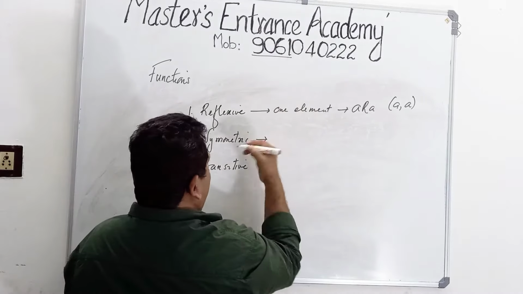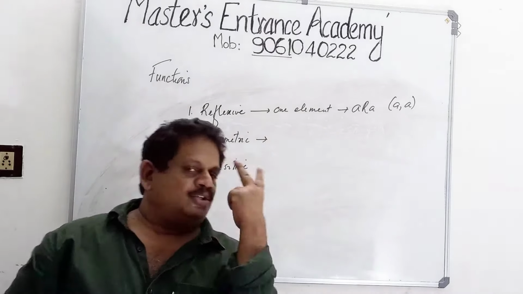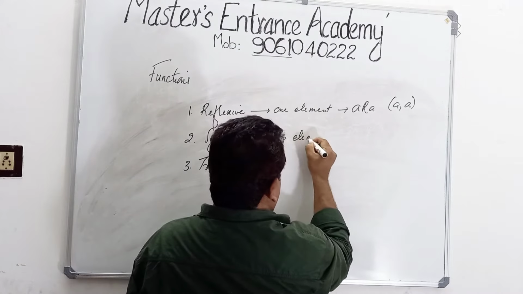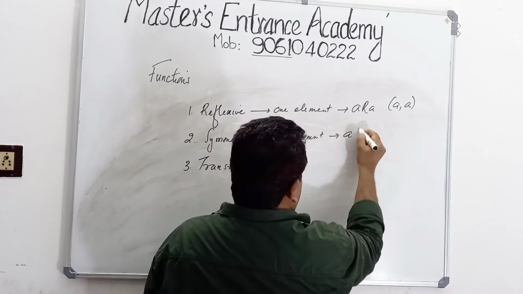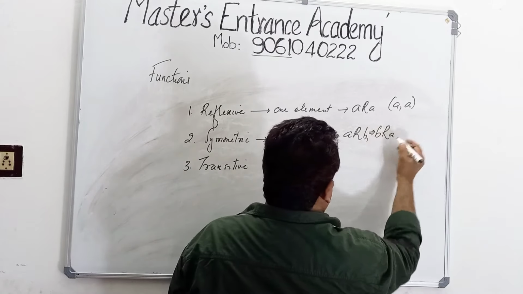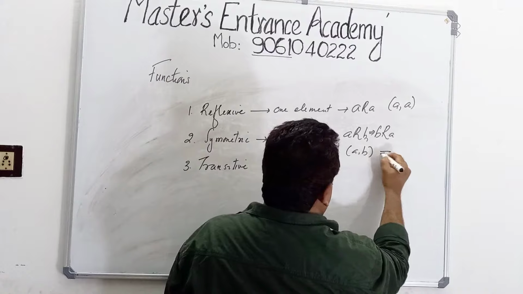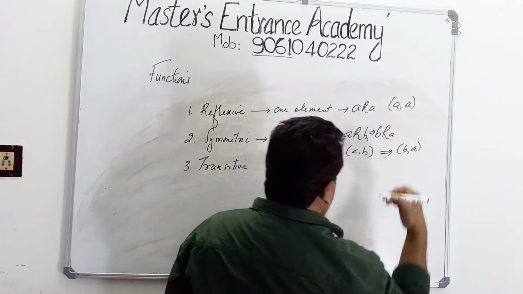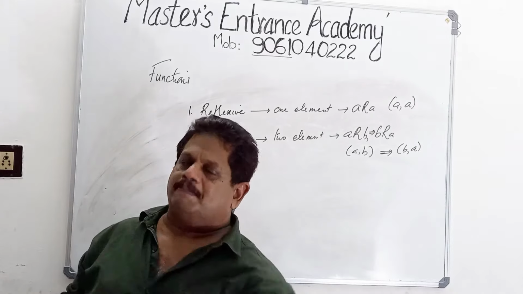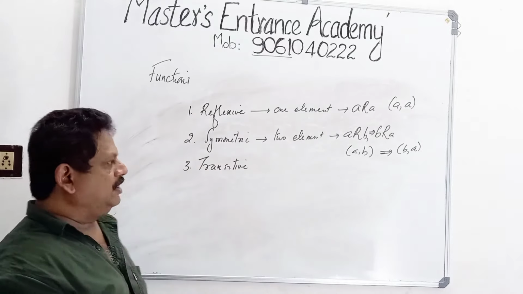And the second, in symmetric, you need two persons. That is, two elements are needed. That is, A is related to B implies B is related to A. That is, (A, B) implies (B, A). And remember, A should not be equal to B. And then we have the third one.